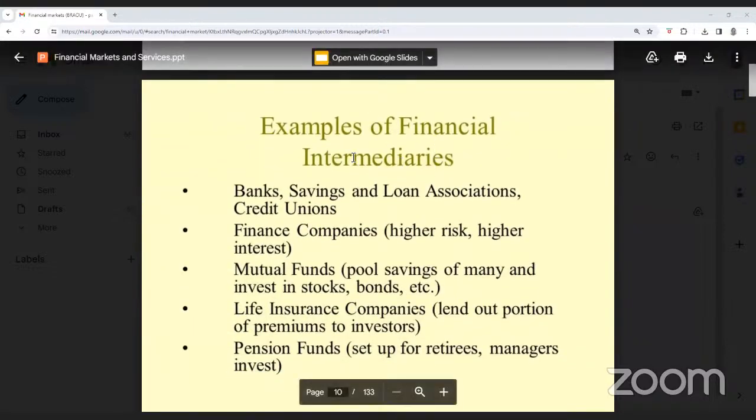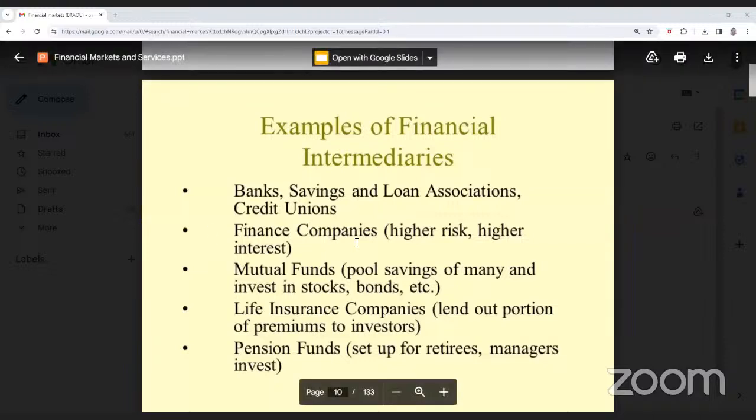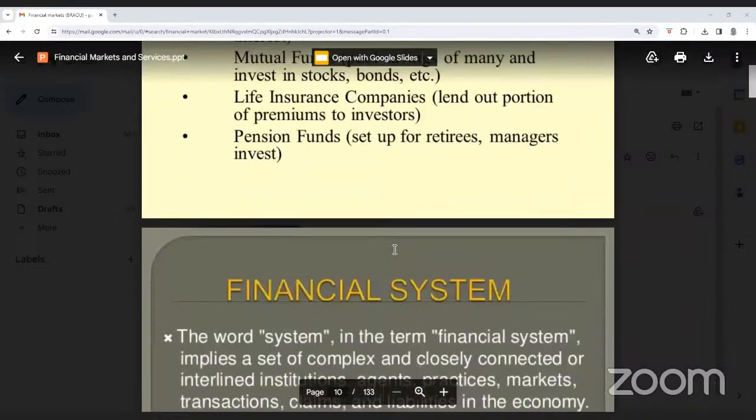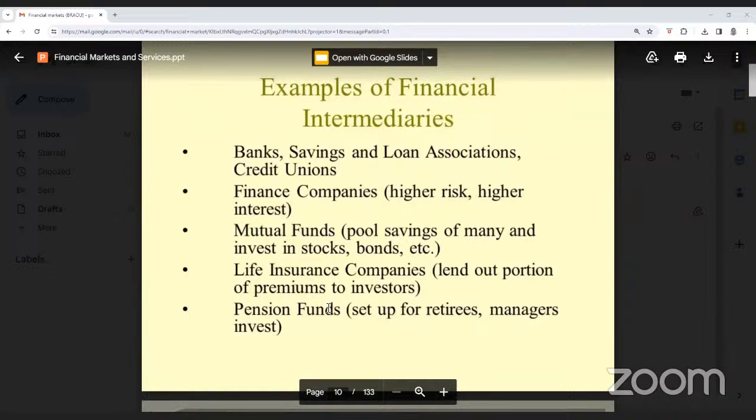Financial intermediaries include banks, savings and loan associations, credit unions, finance companies, mutual funds, life insurance. These all are the financial intermediaries. We have studied financial intermediaries, a variety of financial intermediaries like pension funds, life insurance companies, mutual funds, finance companies.